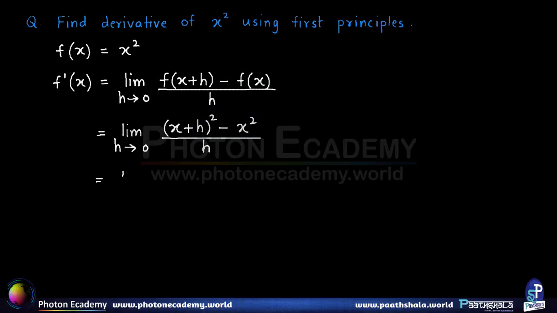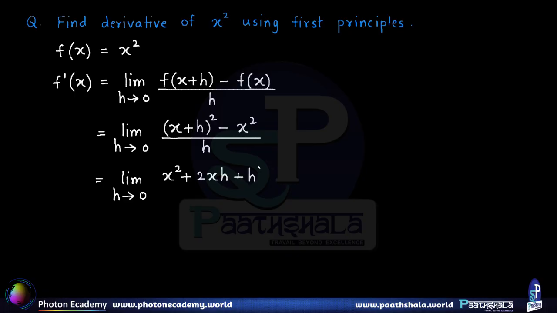So that further gives us limit h tends to 0. Now x plus h the whole square will be x square plus 2xh plus h square, minus x square, whole upon h. So we see that x square will get cancelled.